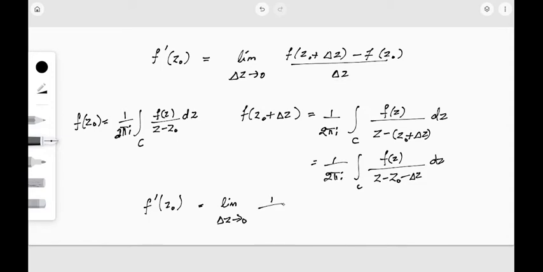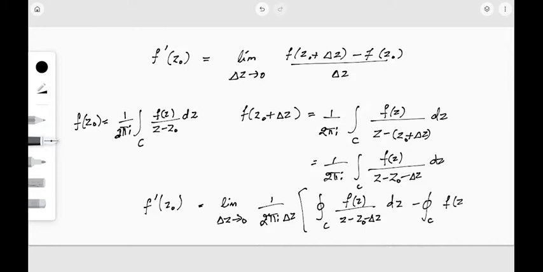So this will be 1 by 2 pi i into delta z into integral over c f of z dot plus delta z, that is f of z by z minus z dot minus delta z dz, minus integral over c f of z by z minus z dot into delta z.